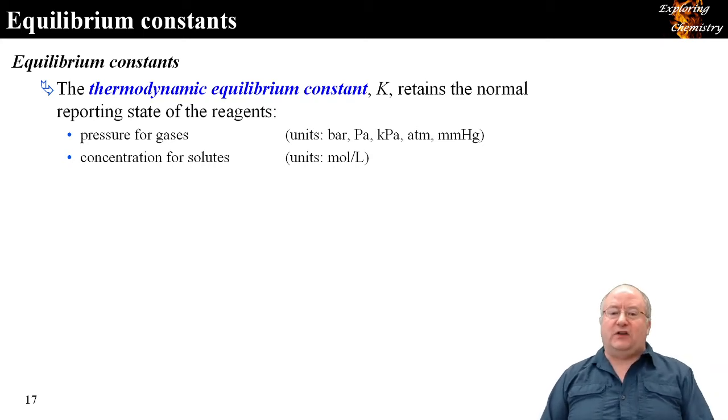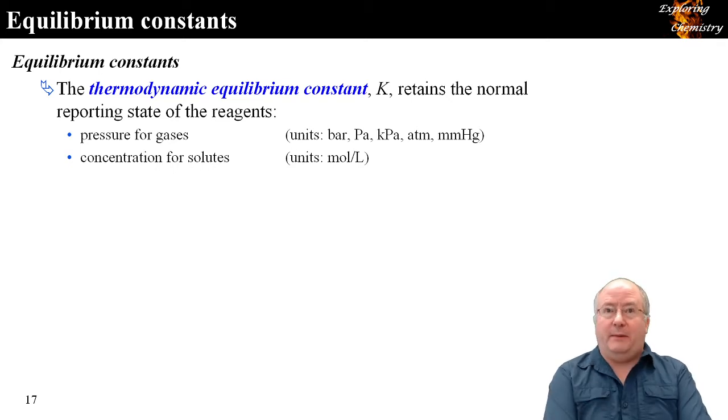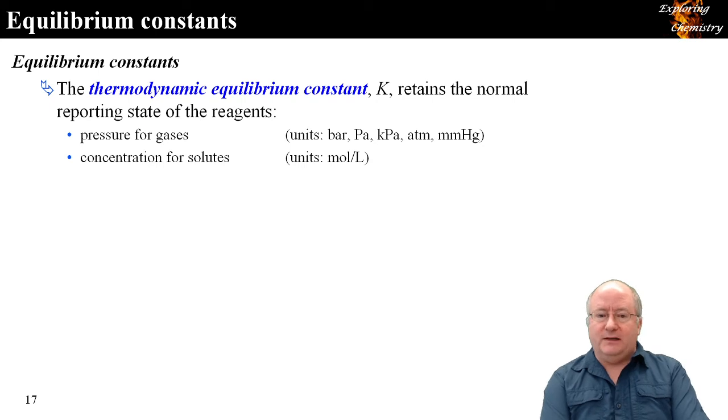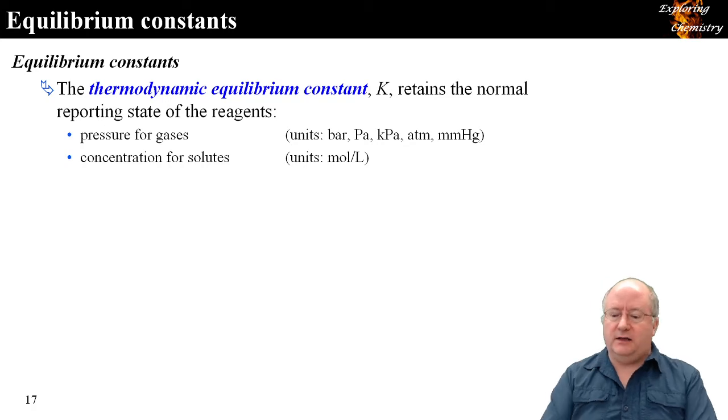If you're dealing with solutes in solution, you're generally using moles per liter, but it wasn't always moles per liter. Does anyone remember what the unit that was more common historically was for concentration? Molarity, it was what?